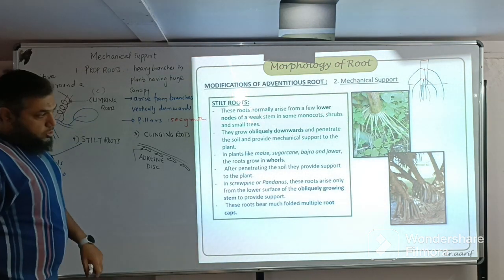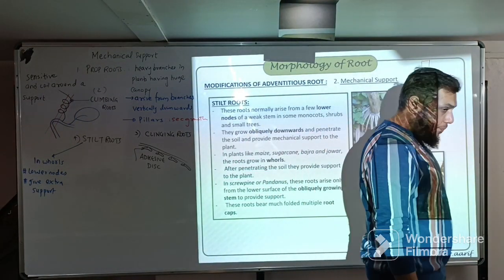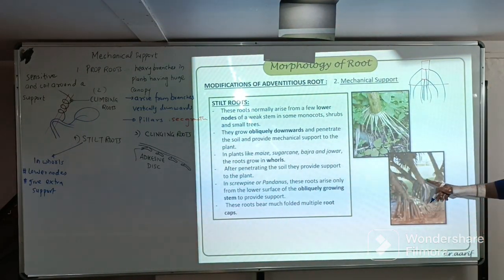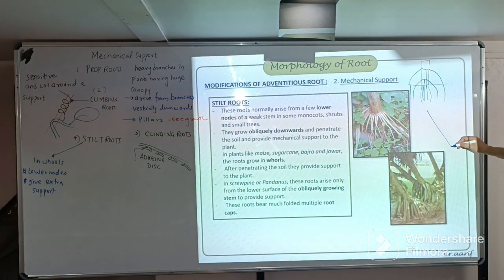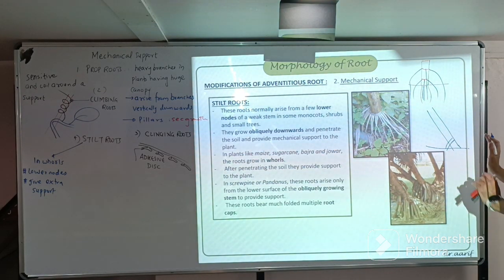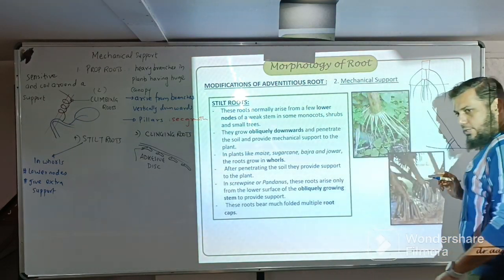But look at this particular plant, Bachalo. In this case, the stem is an oblique stem. How is the stem, Bachalo? Oblique. So with many of the whorls, there is a possibility it can fall this side. So we want somebody to hold the stem from one side.